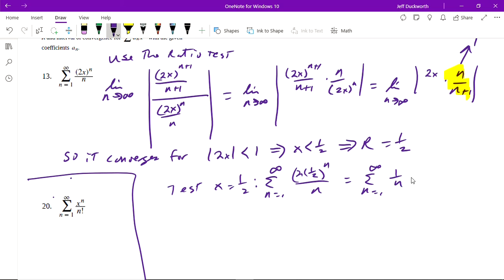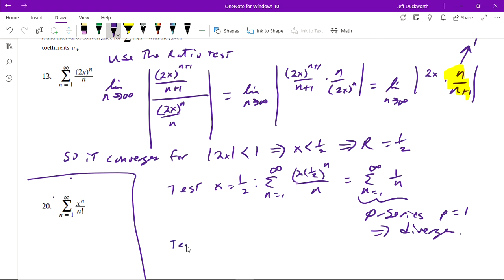That is a p-series, and in this case p is equal to 1, so it diverges. So 1/2 is not going to be part of our interval of convergence.